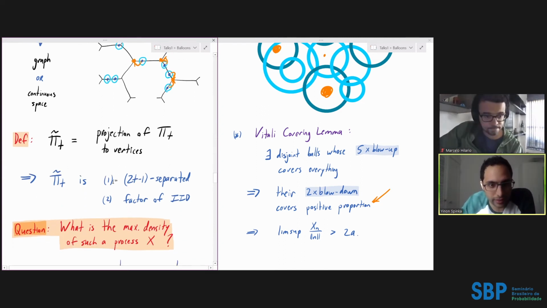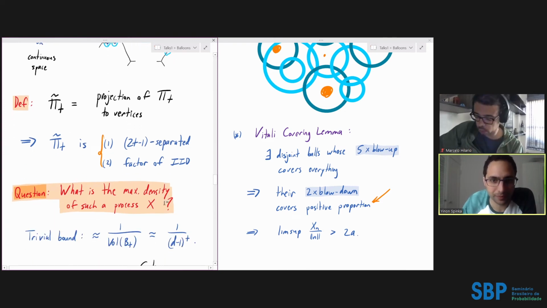So here's a question. Given these 2 properties here, what is the maximal density of a process X satisfying these 2 properties? Okay, this is a question that we'd like to answer.